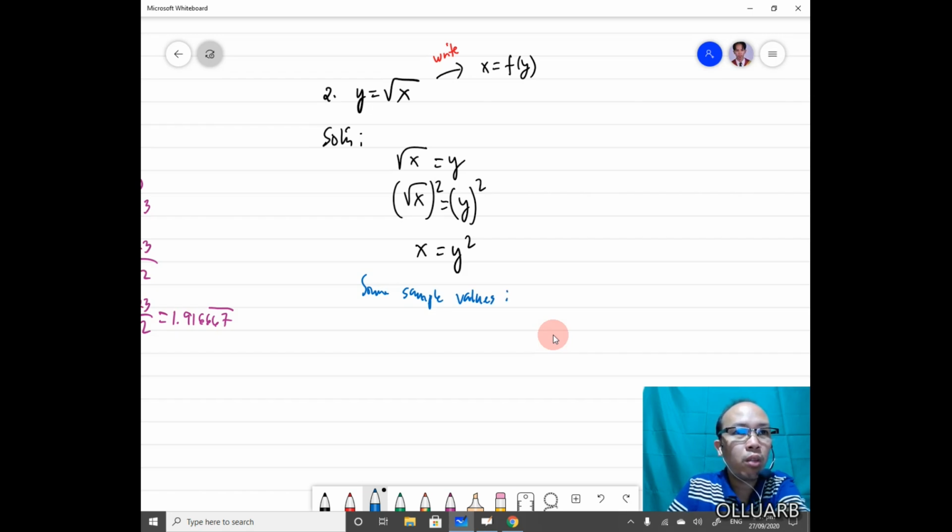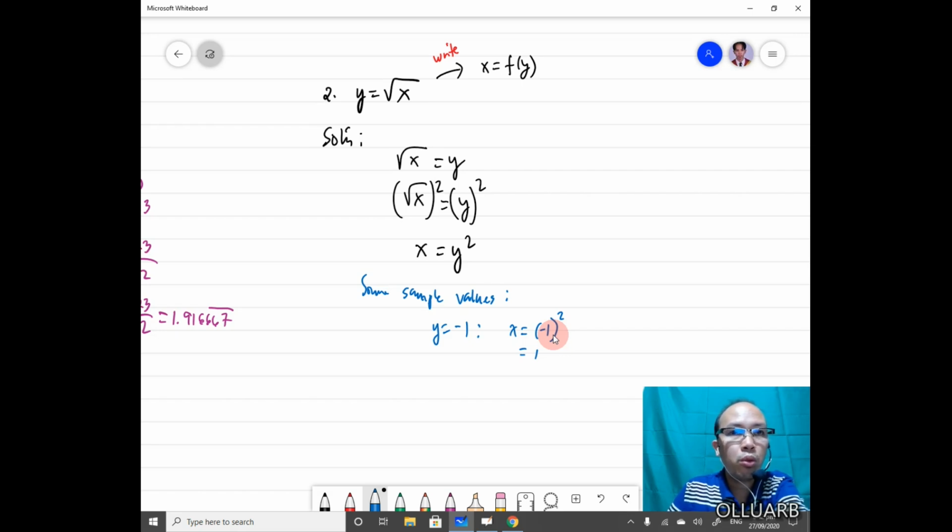Let's say you have a y which is -1. So what will happen if you use -1? We substitute x is equal to -1 squared, and then you evaluate. We have x is equal to 1. The square root of the square of -1 is 1. So you actually get a 1.